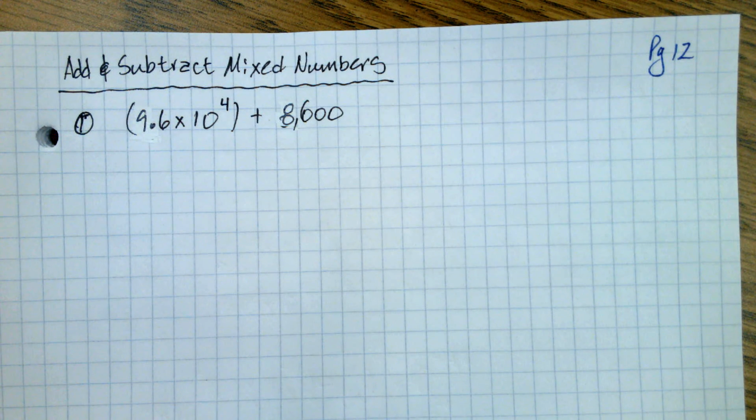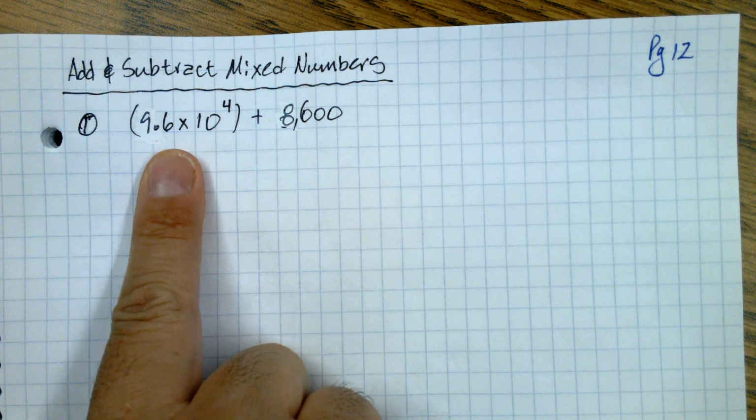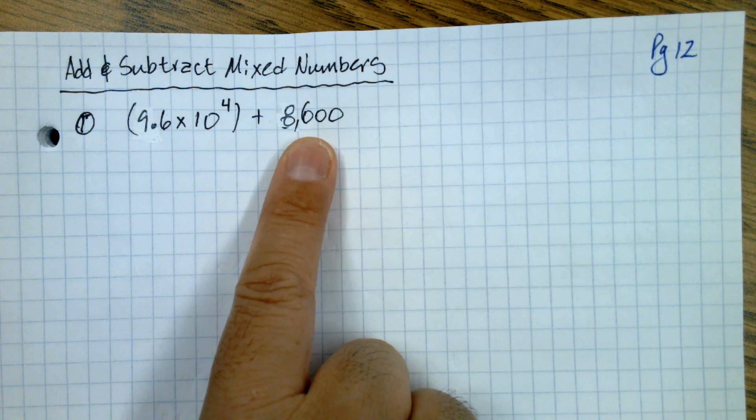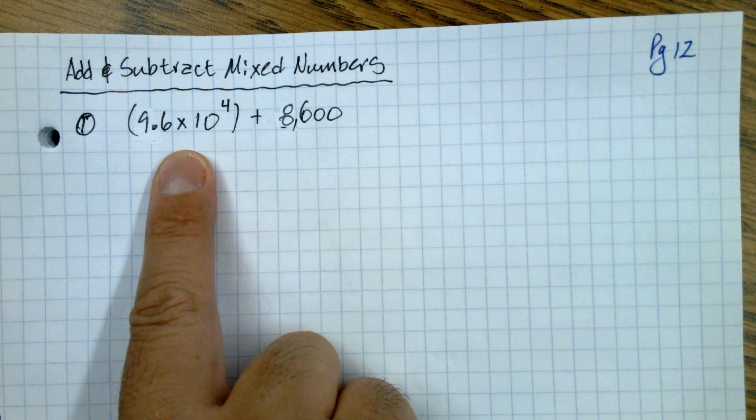So I'm going to have to move to the left how many spaces? 4. And that fourth space may not make it a scientific notation number, but it will be 10 to the fourth, yes. No, this one's already the way we want it. We want this number 8,600 to look like this.